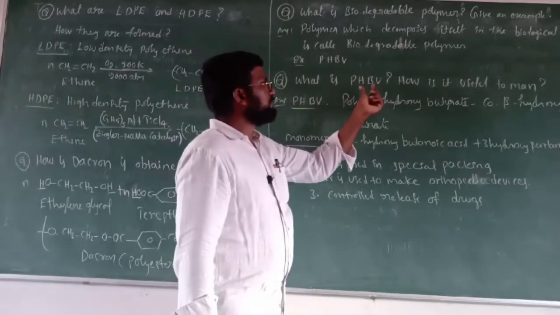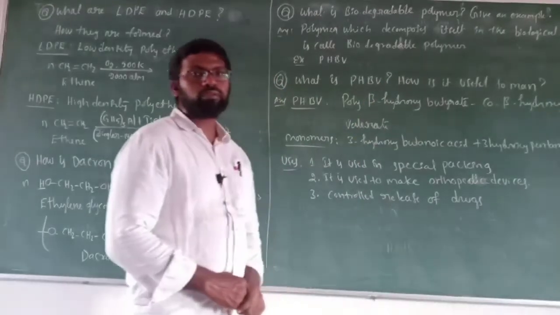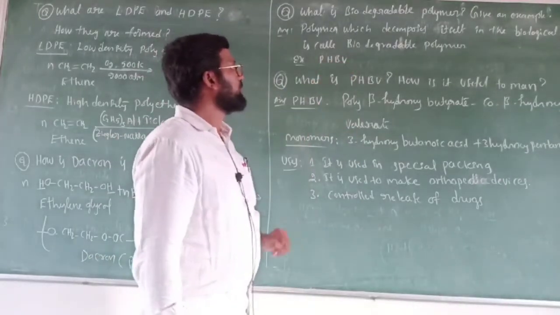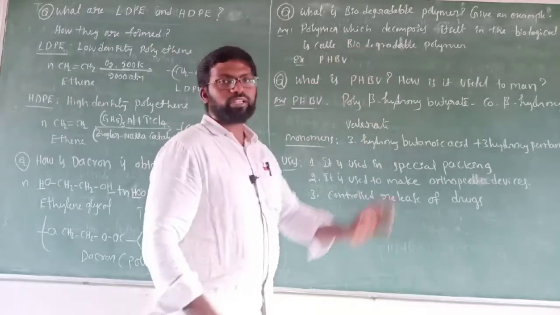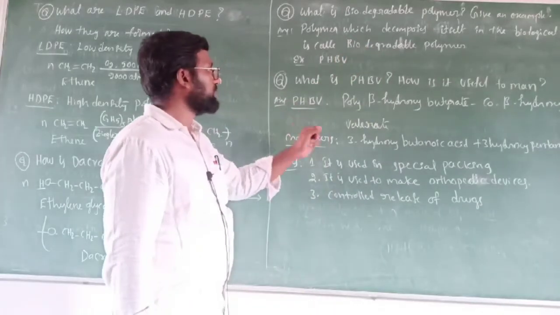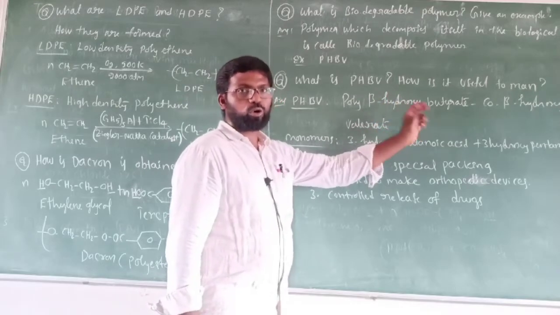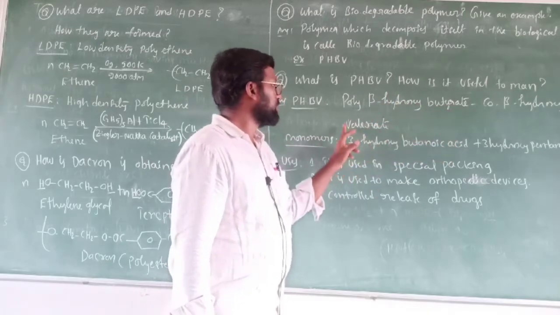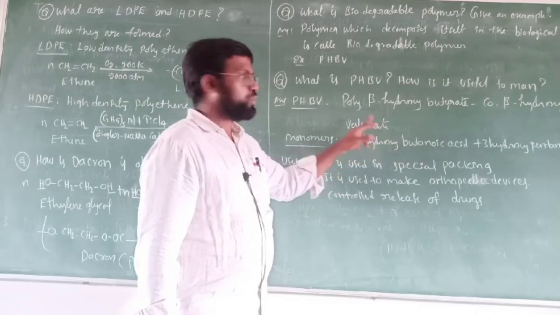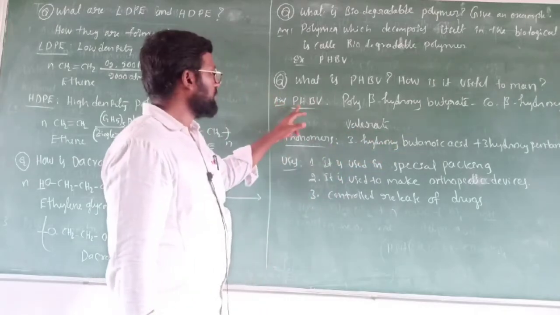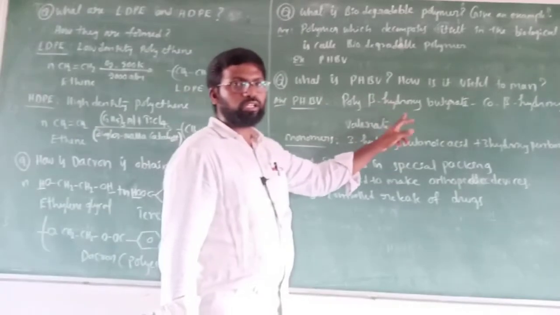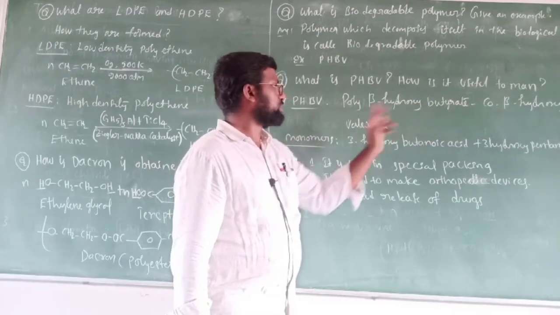Next question: what is PHBV? How is it useful to man? PHBV is a biodegradable polymer. Its full form is poly beta hydroxybutyrate co beta hydroxyvalerate.